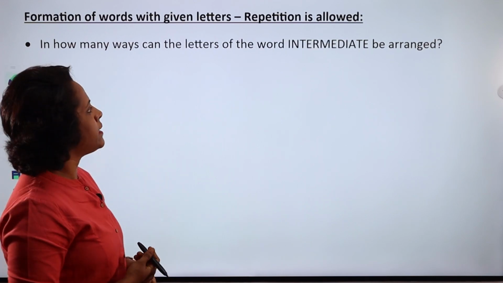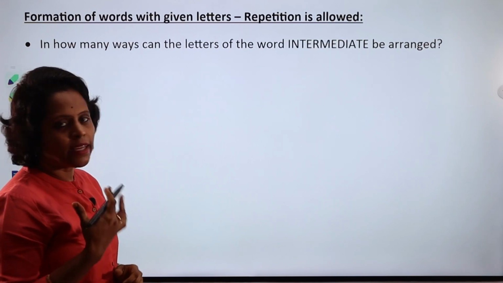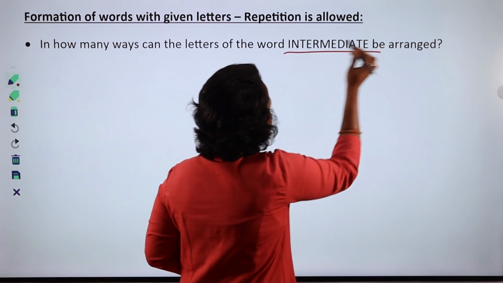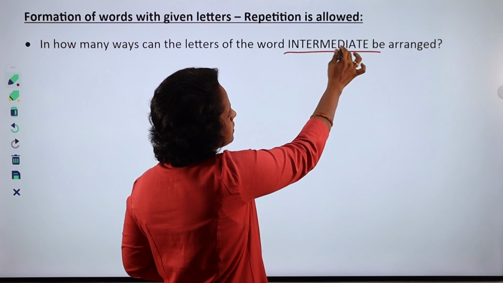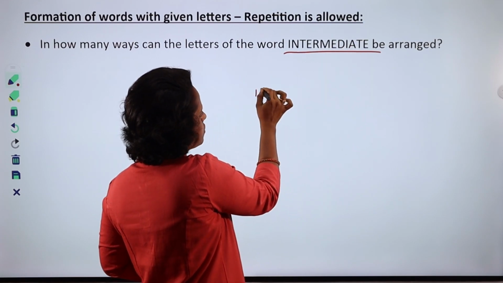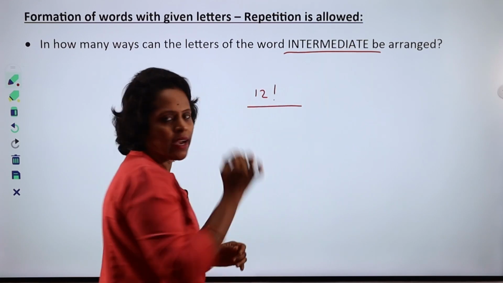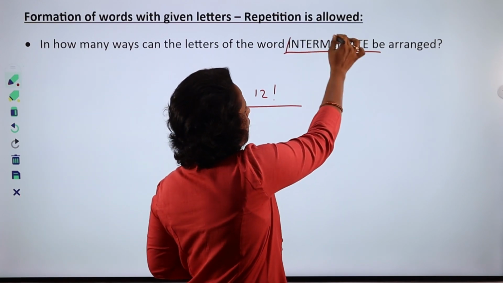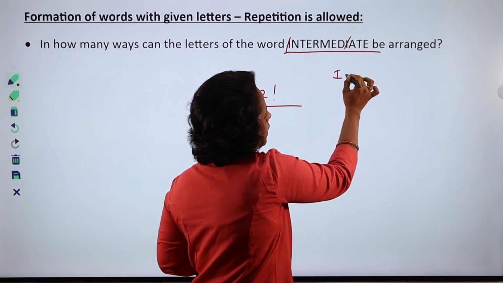In how many ways can the letters of the word INTERMEDIATE be arranged? How many letters does this word have? 1, 2, 3, 4, 5, 6, 7, 8, 9, 10, 11, 12. So 12 factorial divided by what letters are repeated? I is repeated 2 times.